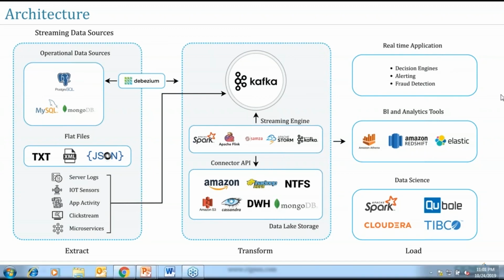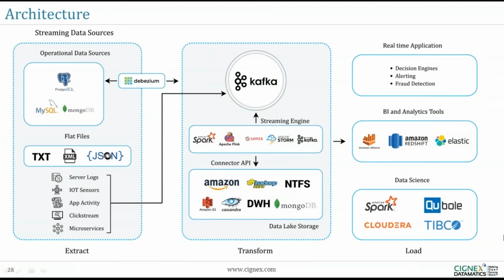Now let's look at what other sources we can have within our ecosystem, where we are interested in pulling that information. Other sources can include flat files, which could be TXT, XML, JSON, or anything tomorrow. We might want to extract critical information from them that is very useful for the businesses.